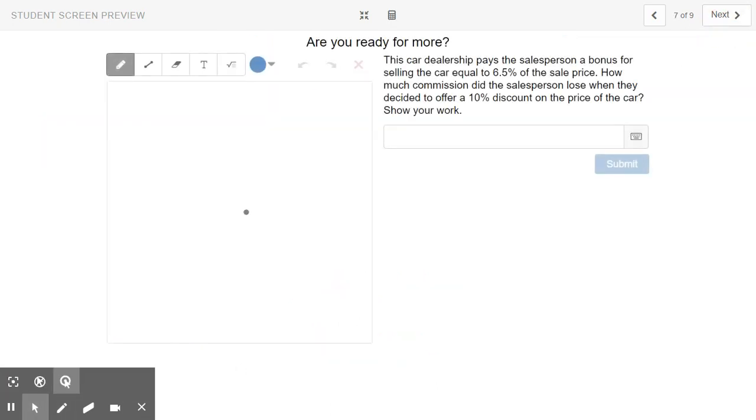The next problem is actually combining a couple of things. Here it's telling us that the car dealership pays the salesperson a bonus or a commission for selling the car, and the commission is 6.5% of the sale price. How much commission did the salesperson lose when they decided to offer a 10% discount on the price of the car?